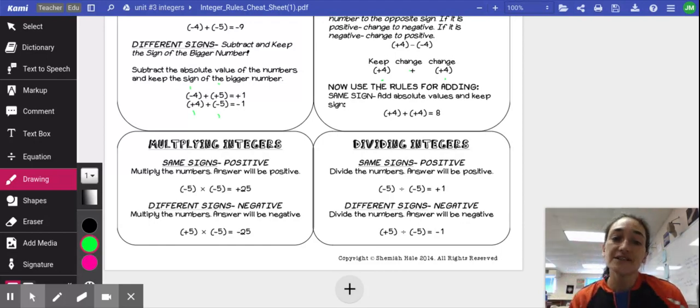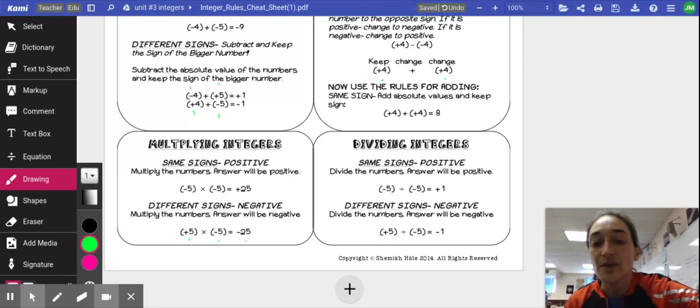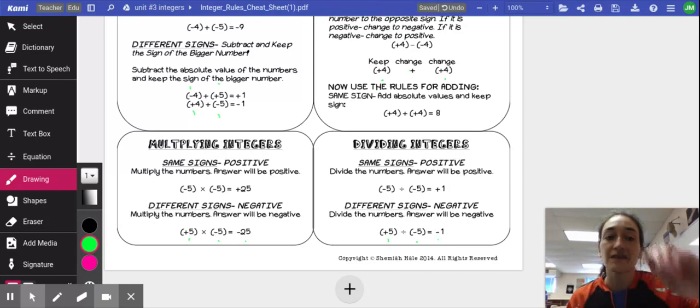When the signs are different, however, you have a positive number and a negative number. Since you have one negative sign, or an odd number of negatives, you are going to get a negative answer. They have a positive 5 times a negative 5. Since there is a negative sign, you get a negative answer, negative 25. If you have a positive 5 divided by a negative 5, you have one negative sign, therefore you get a negative answer.